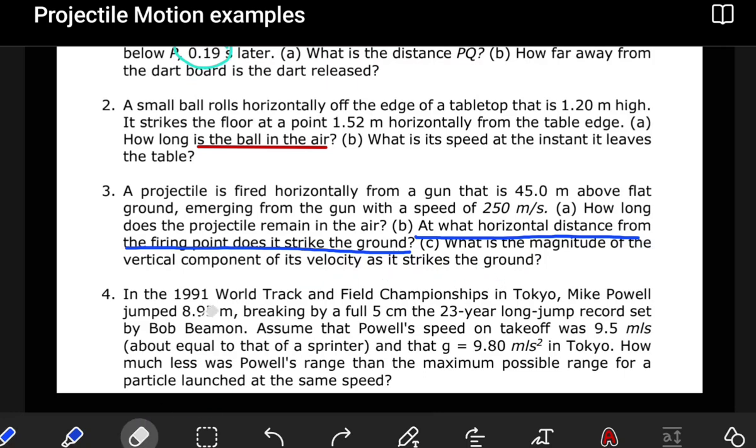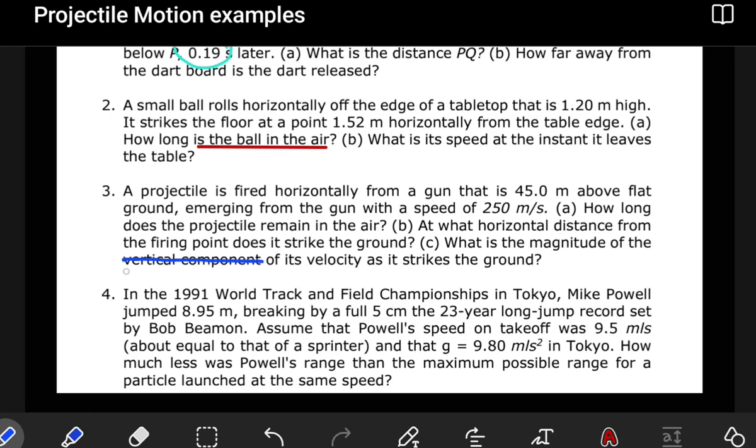So you really have to be very careful when you're handling a question like C here. And here they specify the vertical component of its velocity when it strikes the ground. Another way they could have phrased this question, if they wanted to find something else, they'd have said, what is the magnitude of its velocity as it strikes the ground?